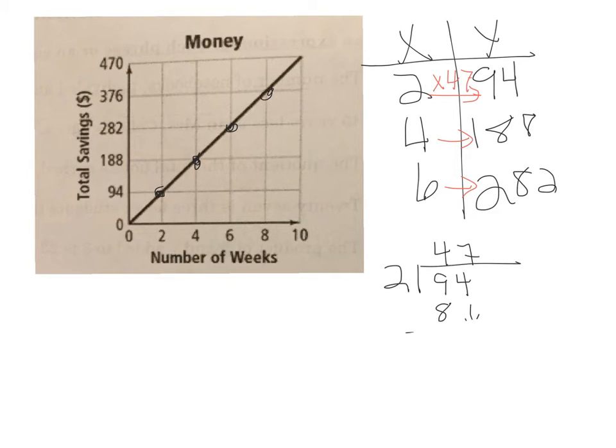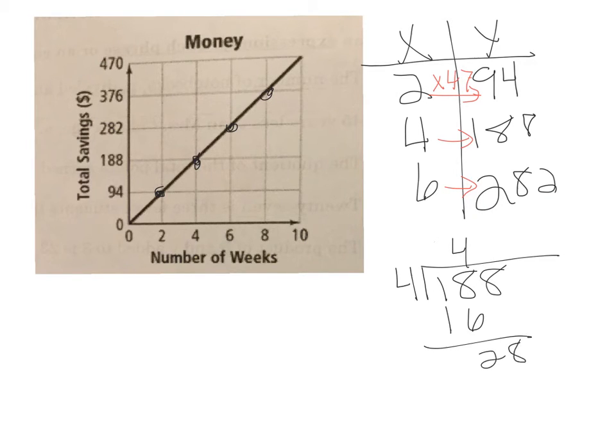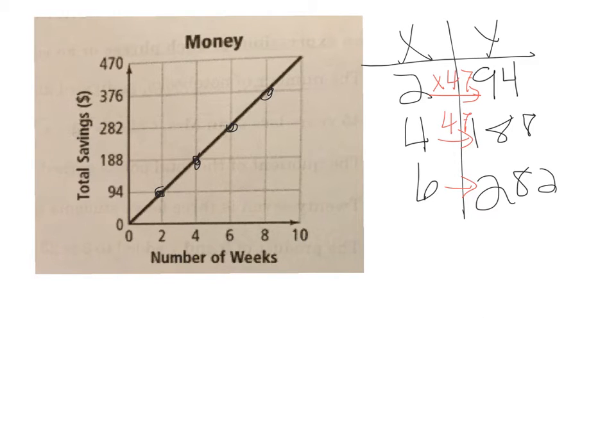So let's check and make sure the other ones will also give us 47. So if I do the same thing with the 4, I get 16. Okay, that one also gave us 47. So it looks like 47 is going to be our multiplier that we're looking for.